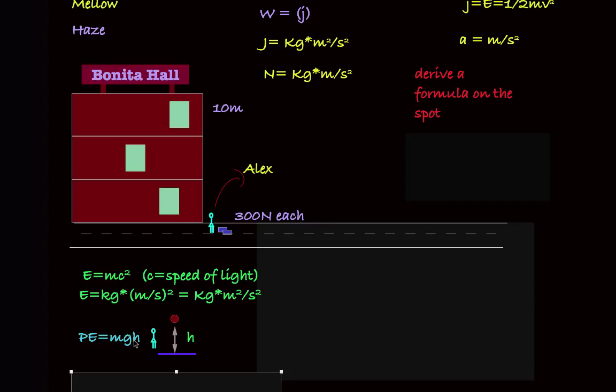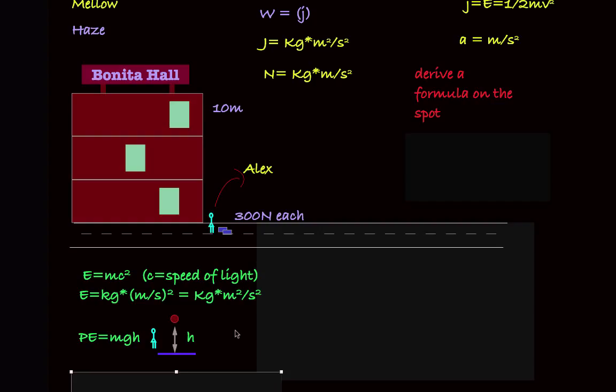And again, if you apply the same rules, m is mass, that's kilograms, g is gravity, that's meters per second squared, and height is just a distance, so that's meters. Again, you get kilogram meters squared per second squared. Okay, so you could have done this with any one of the energy equations, because at the end of the day, all of the energy units have to be able to be seen in the same way.